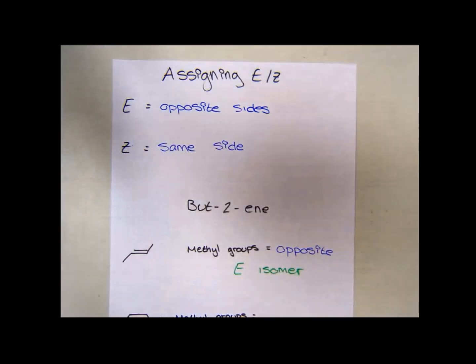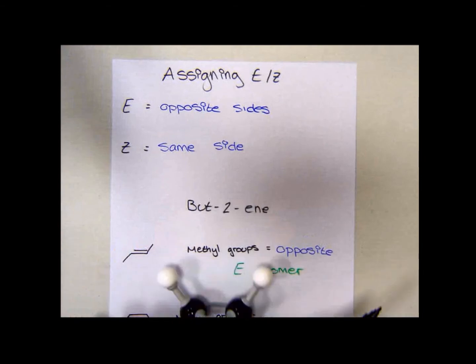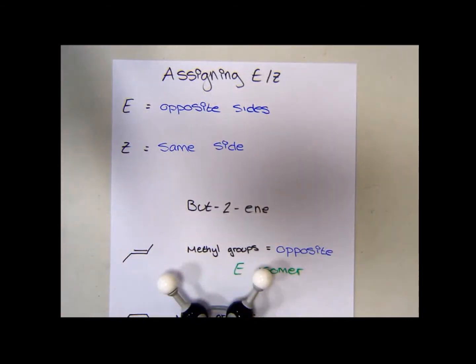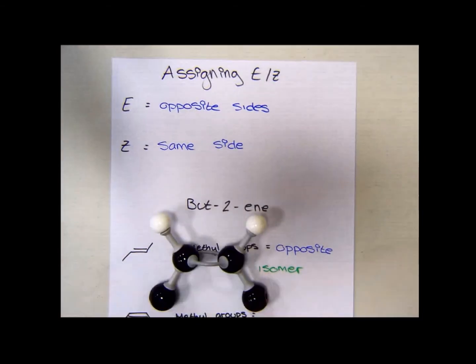Now looking at the other isomer, it looks like this, and we can see that the methyl groups are on the same side. And knowing about E and Z, we can assign this as the Z isomer.